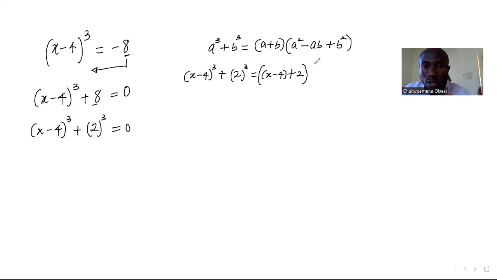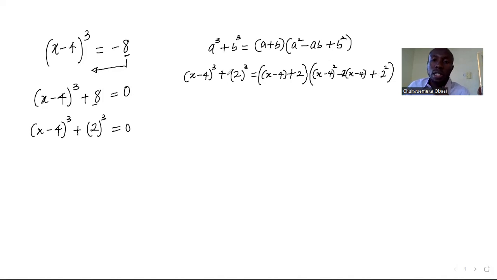Now the other part: a is x - 4, so we have (x - 4)^2, then minus a times b. a is x - 4, the same, and b is 2, so I can put the 2 right here, so this is minus 2(x - 4), of course. So now finally, plus b^2, which is 2^2.